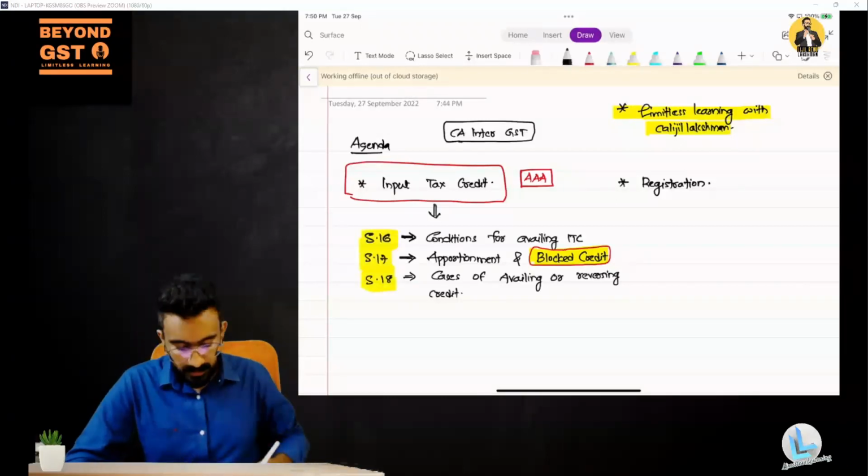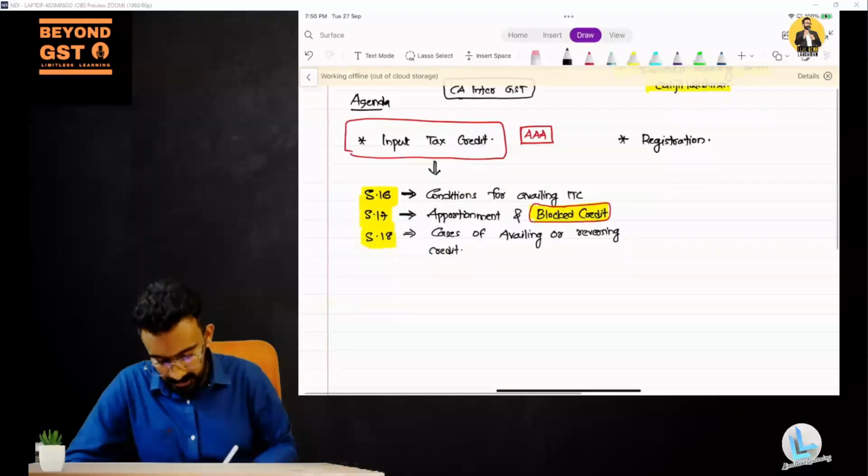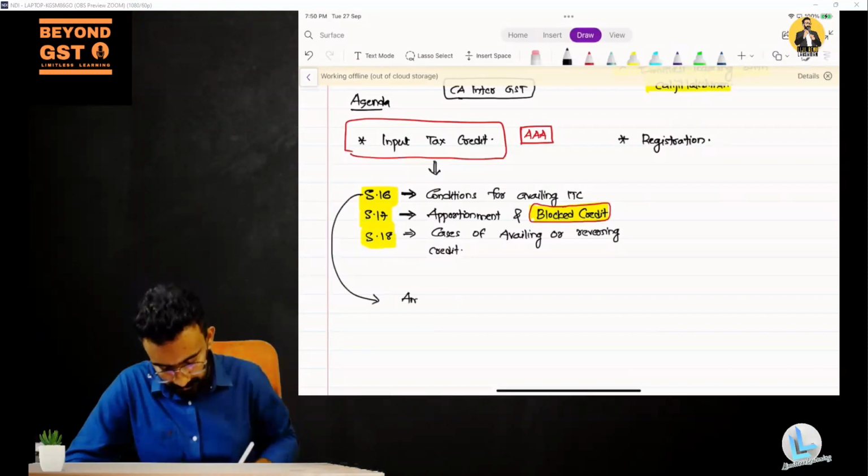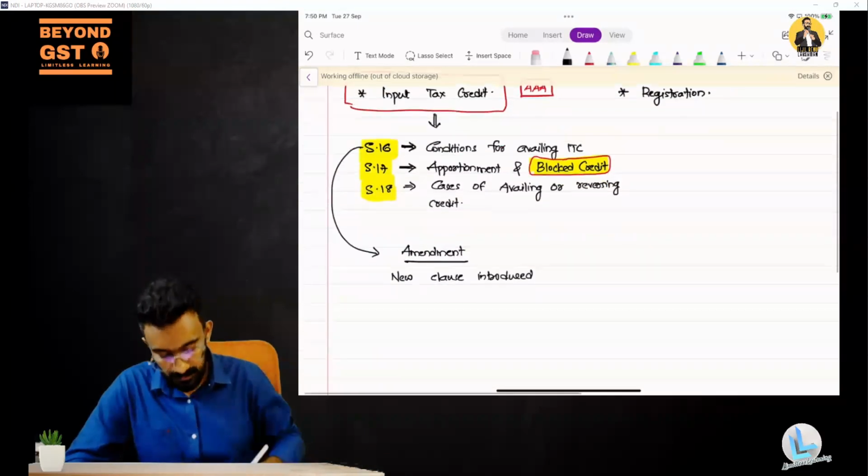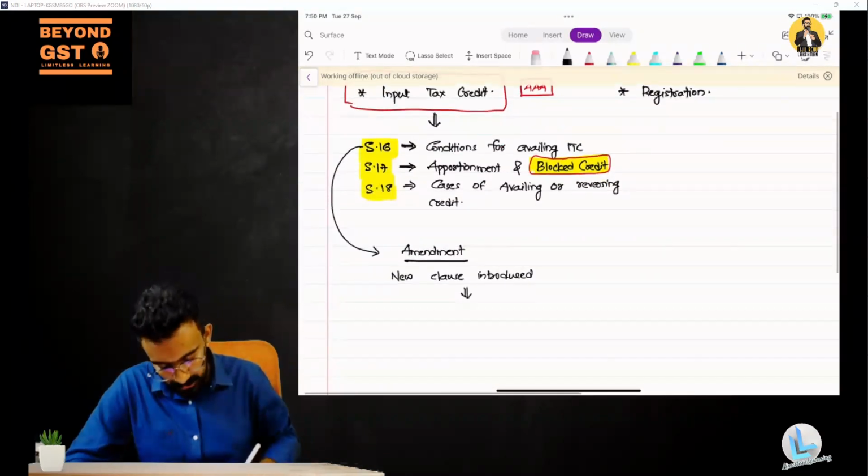In section 16, there's an amendment for this exam. A new clause has been introduced, which is applicable for the November exam: section 16(2), clause aa.